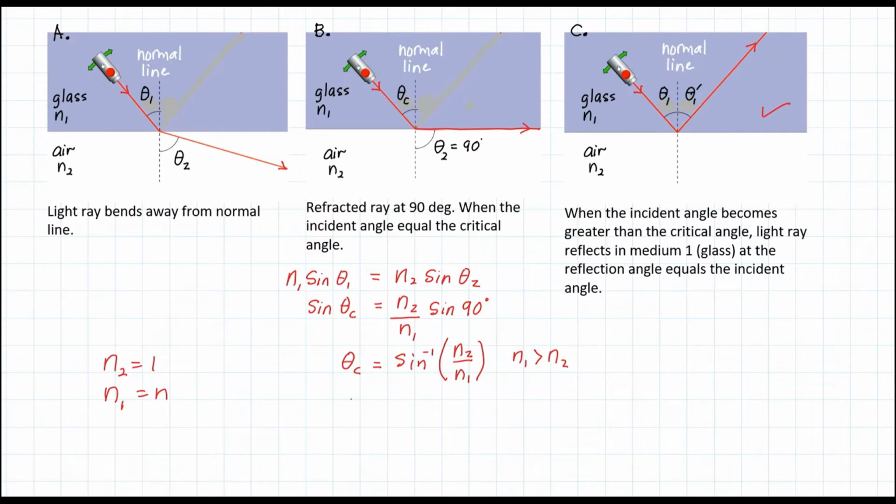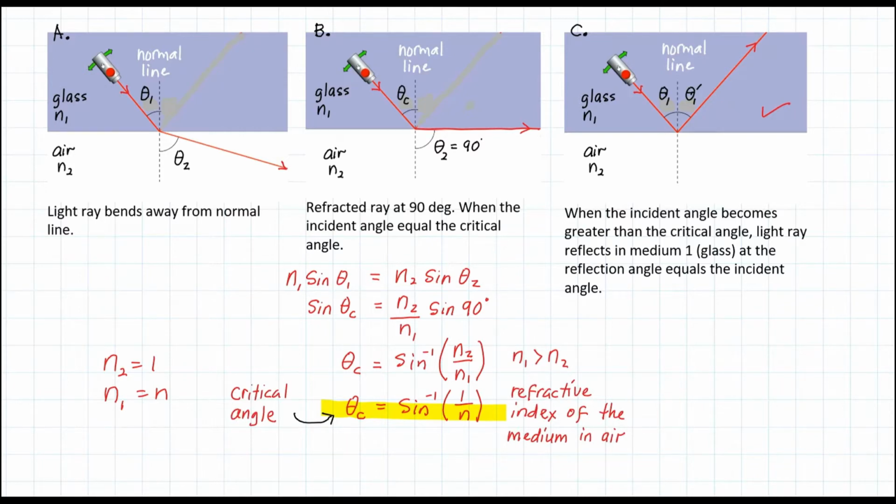That will make our expression for the critical angle theta c equal to sine inverse of 1 over n. So this last expression allows us to determine the critical angle of glass in air if we know the glass refractive index.